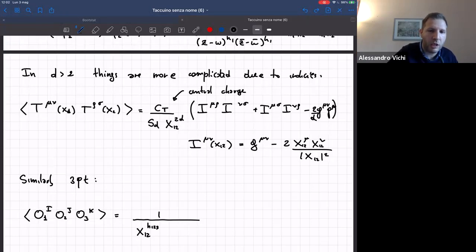So you want to obey the Ward identities, which tell you that the insertion of the stress tensor in a given correlation function is determined by the transformation properties of these fields. Okay, the usual Ward identities.